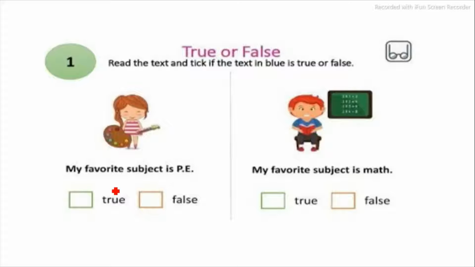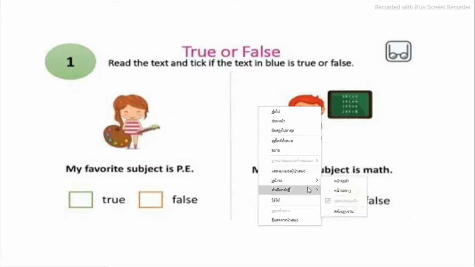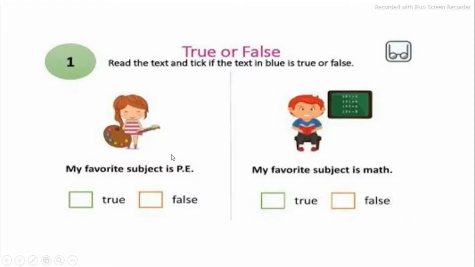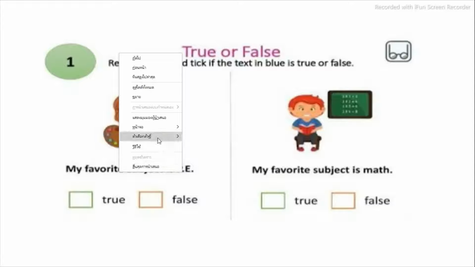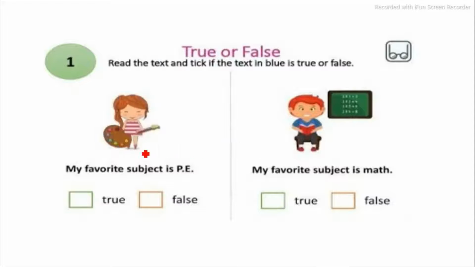Read the text and tick if the text is true or false. So we need to look at the picture and see if the text in blue is true or false.